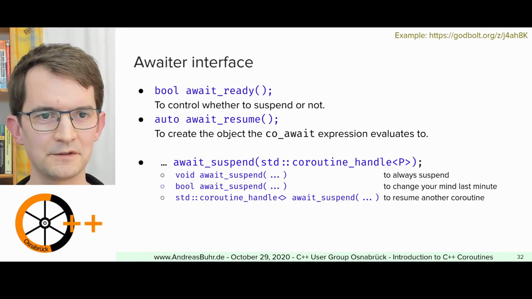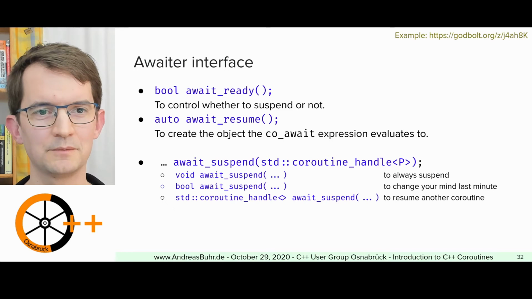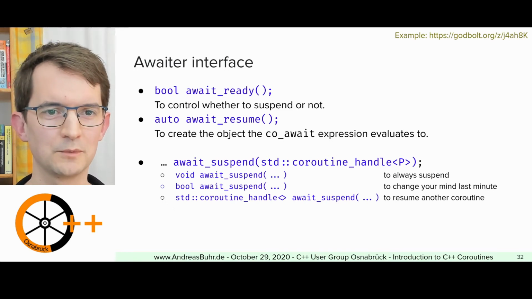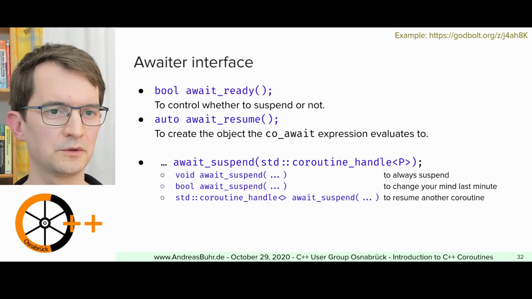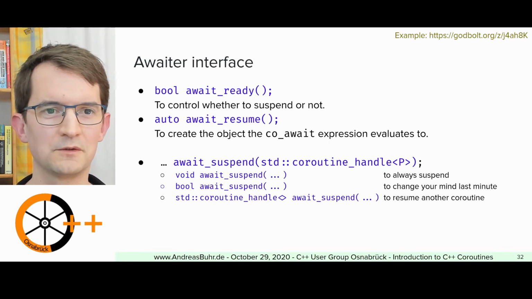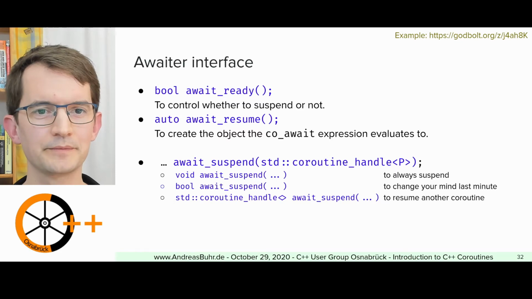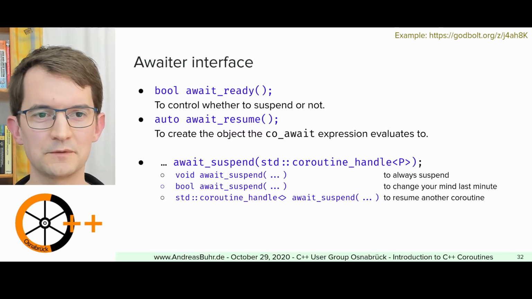This is the interface, so 3 functions. await_ready is simple, it just returns a bool whether to suspend or not. await_resume can return whatever you like, it will be the result of the co_await expression. And then await_suspend. I only showed the very simple version where await_suspend returns void to always suspend.